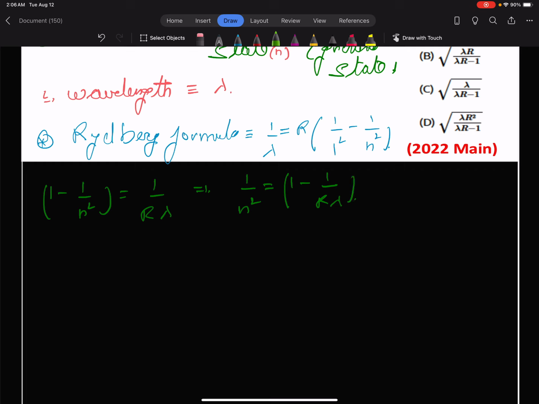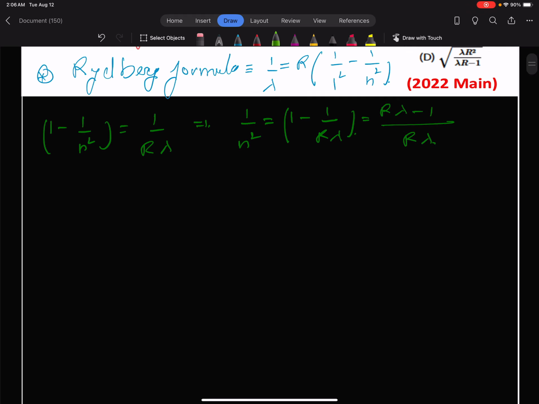And we can take R lambda as LCM. So this will be giving us (R lambda minus 1) divided by R lambda. Taking the reciprocal as well as square root, we get the value of n will be equal to the square root of R lambda divided by (R lambda minus 1).